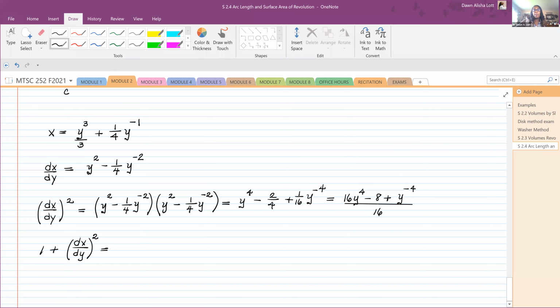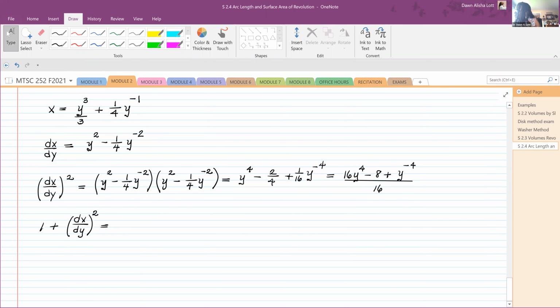Only 1 more minute, so we're not going to finish. I'm going to add 1 to that: 16y to the fourth minus 8 plus y to the -4, over 16.